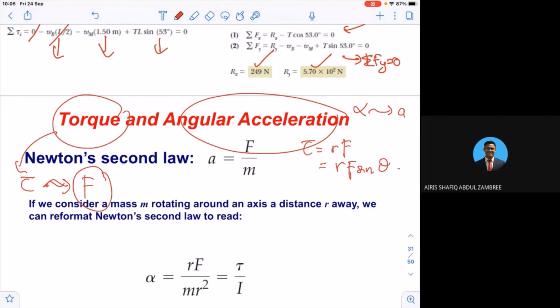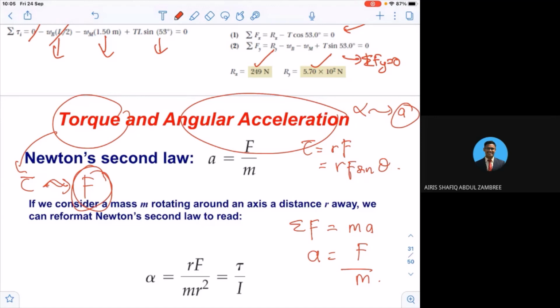Between acceleration and force, we can derive Newton's second law, which is summation of F equivalent to ma. So acceleration is equivalent to F over m.